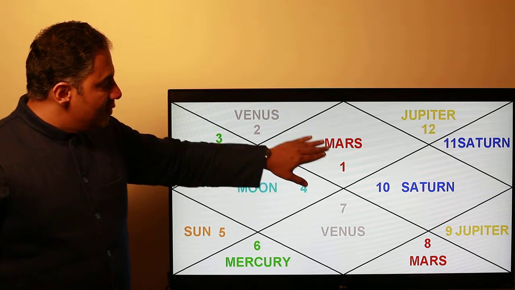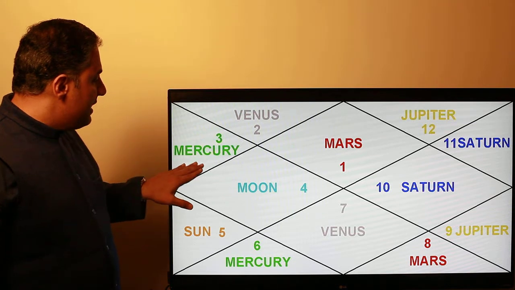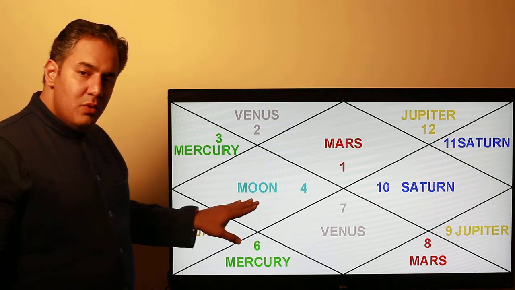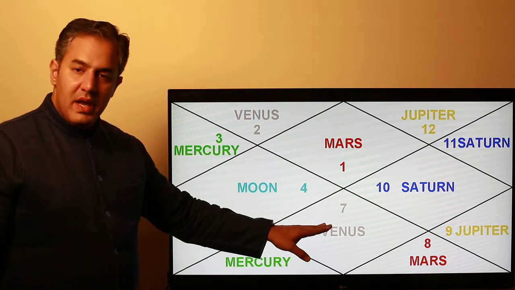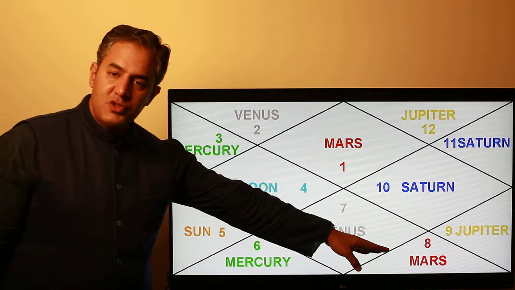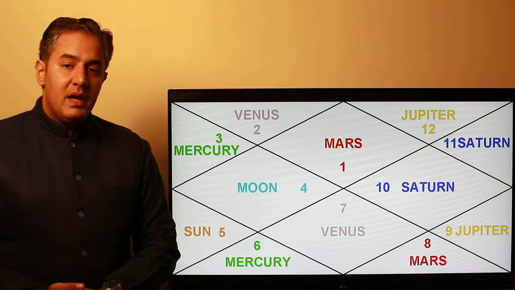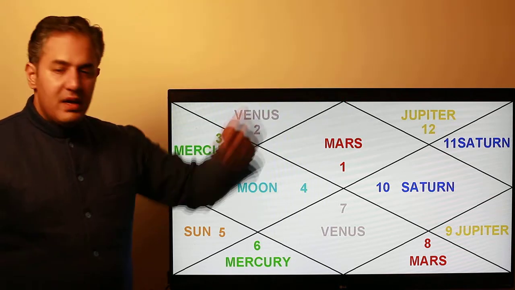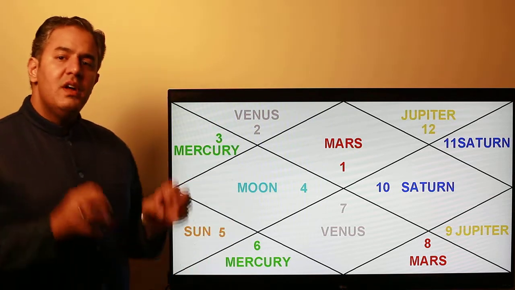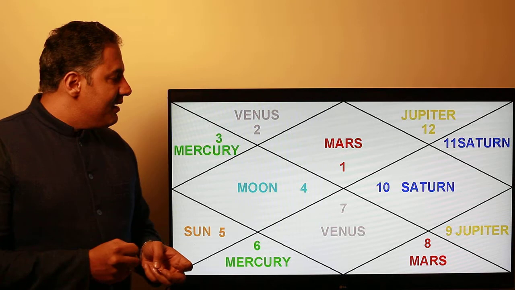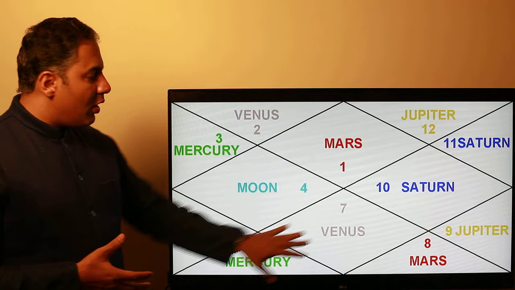Aries is ruled by Mars, Taurus by Venus, Gemini by Mercury, Cancer by Moon, Leo by Sun, Virgo by Mercury, again Libra by Venus, Scorpio by Mars, Sagittarius by Jupiter, Capricorn by Saturn, Aquarius by Saturn again, and then Pisces by Jupiter. So these planets are the lords of these signs, in the order you see here.